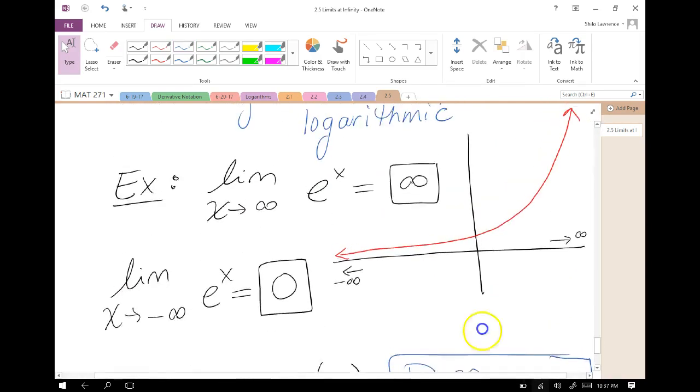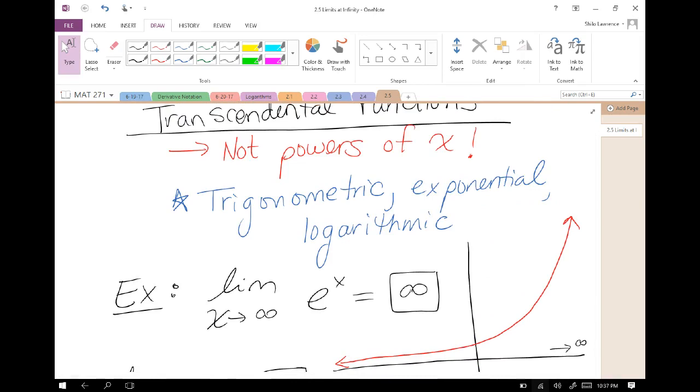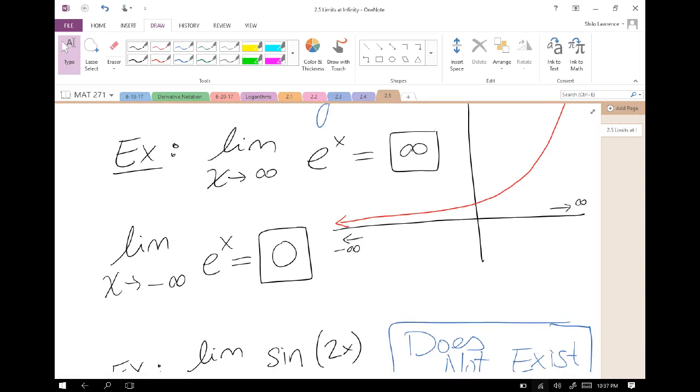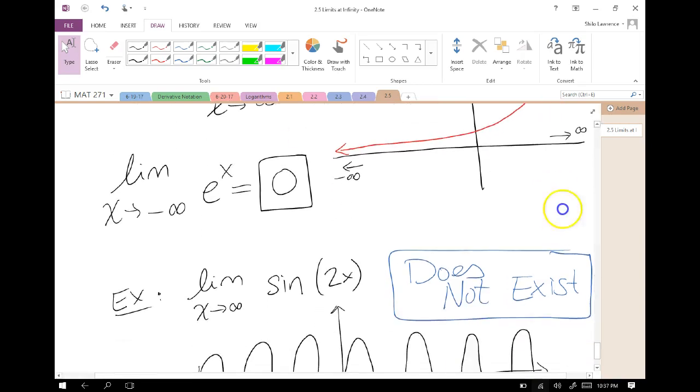So some different things to think about with transcendental functions. They don't follow the same rules. They don't follow these 3 rules we just talked about. And we don't really have special rules for them. You really are just going to have to look at them either graphically or numerically to help you decide. So you really have to have a good understanding of limits at infinity: when they ask you the limit as x approaches negative infinity, they're asking you the y value that the graph is settling into on the left-hand side, and the limit as x approaches positive infinity is the y value that the graph is settling into on the right-hand side.